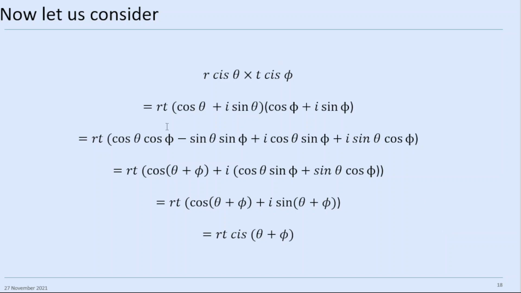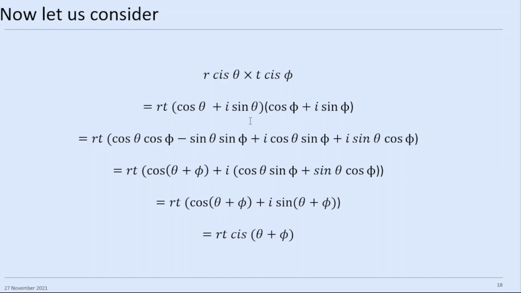So here's what we're going to do. We're going to take two complex numbers and express them in terms of their mod and their argument. So r cis theta times t cis phi. And we're going to expand these out. So we just take the r times the t, because these are all multiplied together, we can rearrange the order. R times the t, then we've got cis theta times cis phi, and then we multiply all the terms.